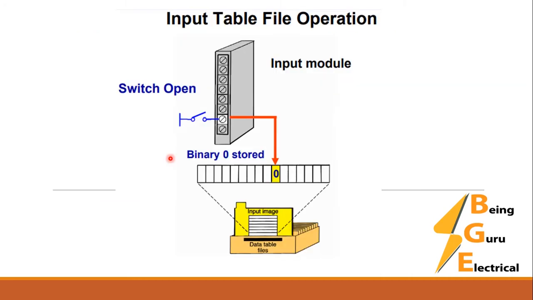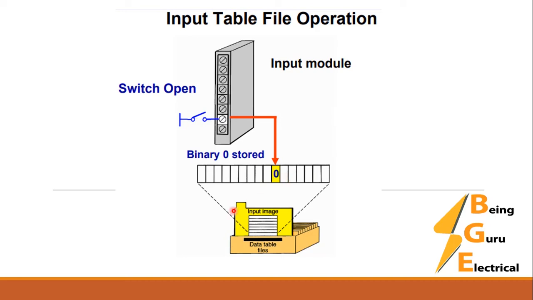Input table file operation. We have the input module which is connected to a switch, and the switch is open. This status is reflected in the memory location taken from the data table. From the data table we have one data register, and this one bit represents the state of this input of the input module.